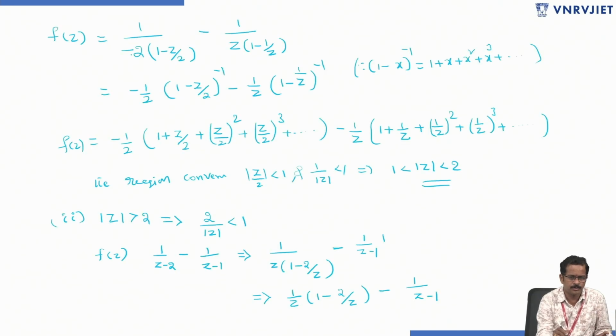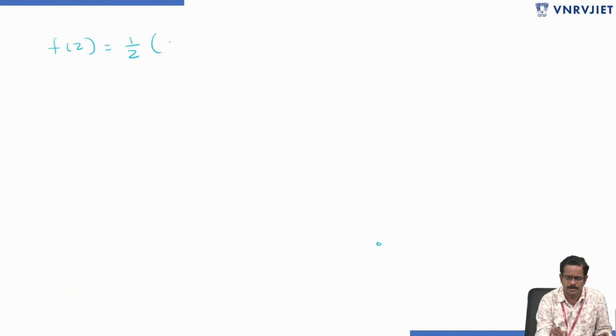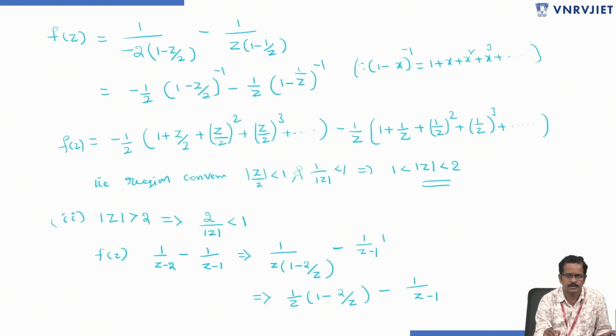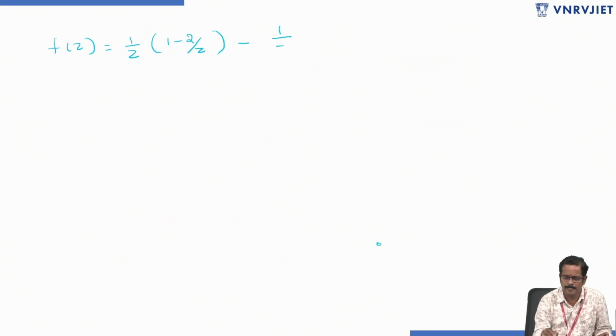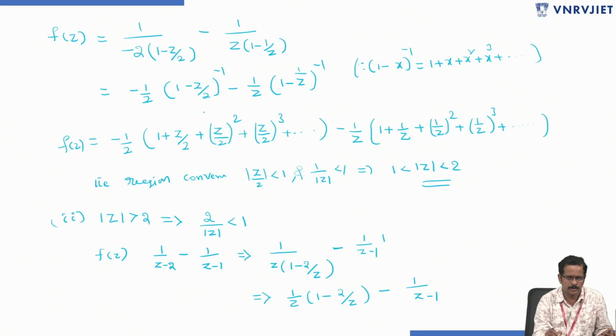So f of z equals 1 by z into 1 by z into 1 minus 2 by z minus 1 by z minus 1, which equals 1 by z into... here minus 1 will have to come here.